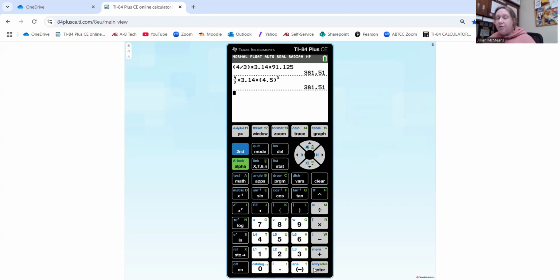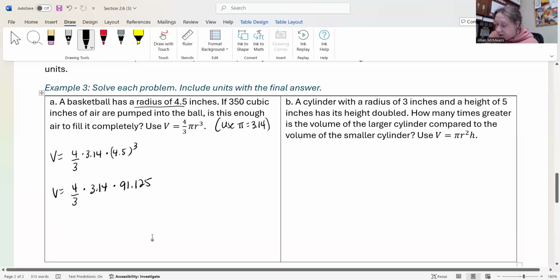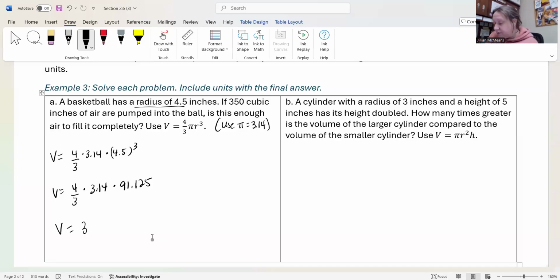Either way you type this in, piece by piece or using the fraction, you're going to get 381.51. So let's go back to the worksheet. Now we have that the volume of this basketball is 381.51 inches cubed. That's the actual volume.